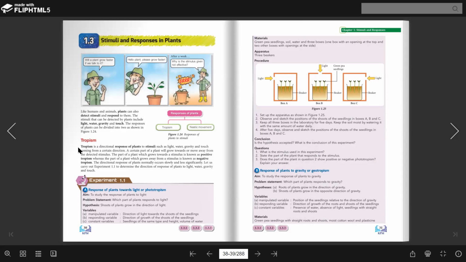In a simple definition, tropism is a response of the plant towards stimuli. The examples of stimuli detected by the plant are light, water, gravity, and touch.